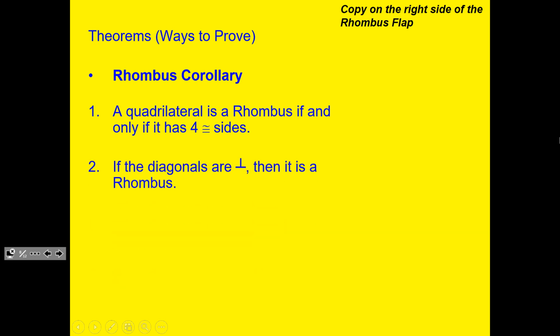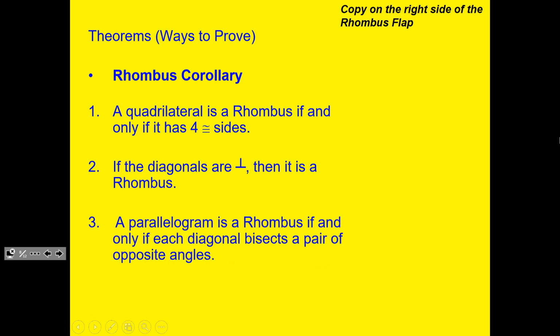The next, if diagonals are perpendicular, then it's a rhombus. And the third is a parallelogram is a rhombus if and only if each diagonal bisects a pair of opposite angles. So basically, the 3 ways you prove that you have a rhombus are by the 3 additional properties.